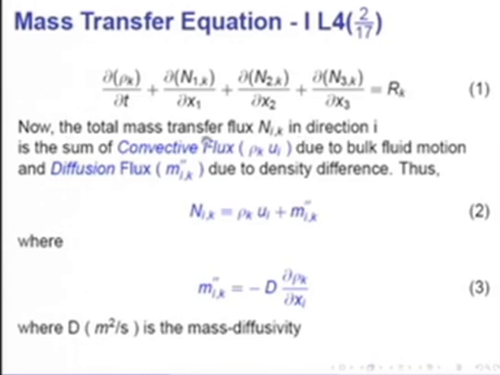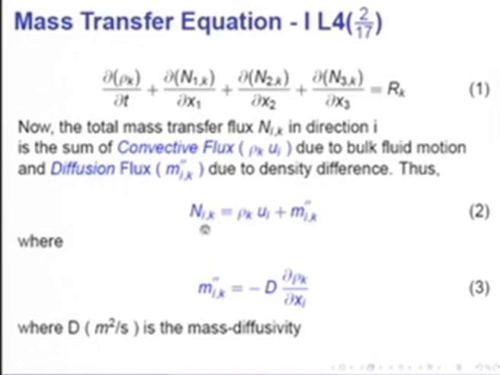Now, the total mass flux N i K in direction i is the sum of the convective flux due to rho K u i, due to bulk fluid motion, and diffusion flux m double prime i K, due to density difference.